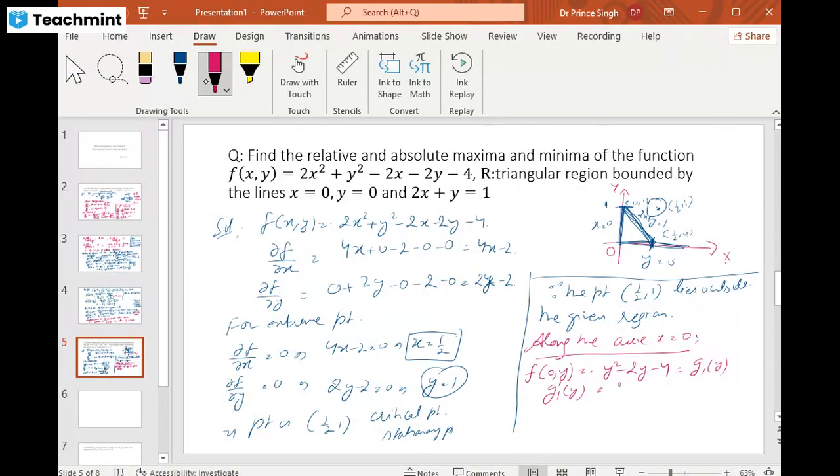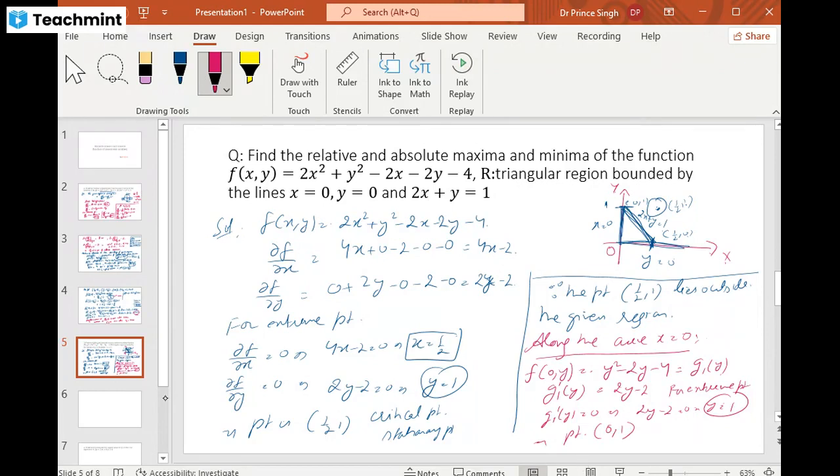First order derivative is 2y minus 2. For the extreme point, we put the first order derivative equal to 0, so 2y minus 2 equal to 0 means y equal to 1. So the point along this line is (0, 1).